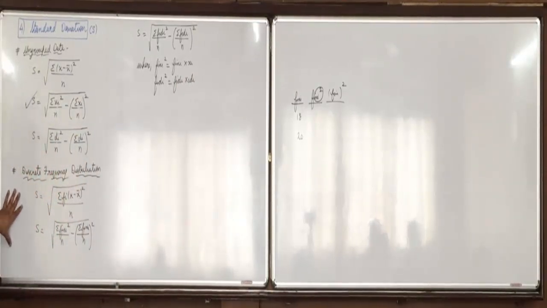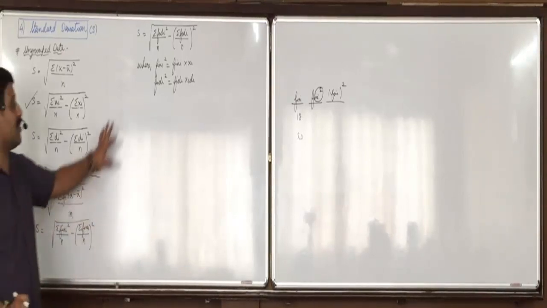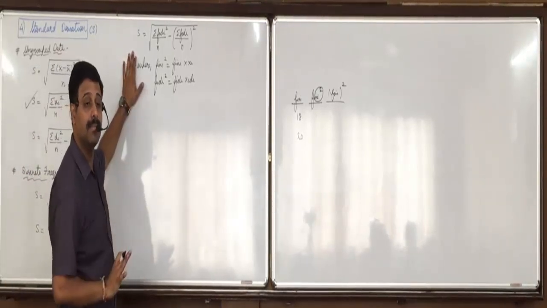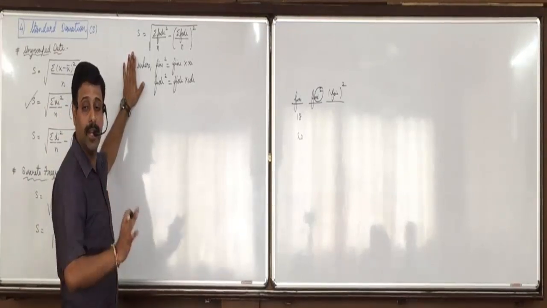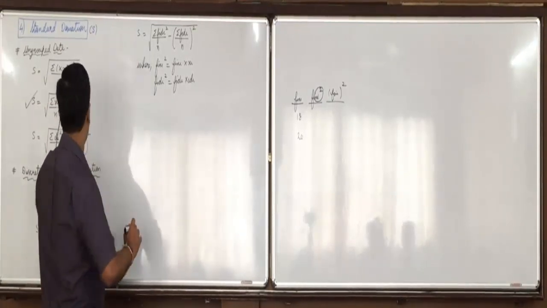Now continuous frequency distribution. First two formulas will remain exactly same. The only thing is xi will be mid-value. Last one will be multiplied with C, class length, because it's continuous frequency distribution.